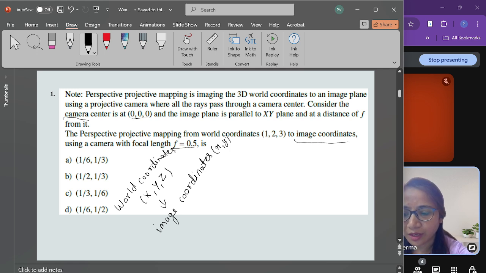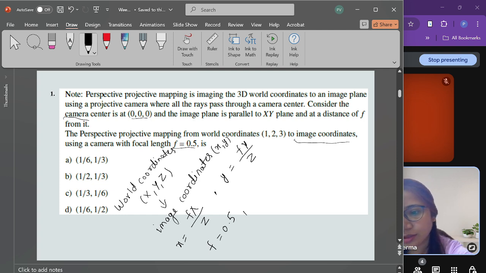The projection equation is given as small x is equal to f X divided by Z, and for small y it is f Y divided by Z, right? Here the focal length, that is the distance from the camera, f, is given as 0.5, and the world coordinates X, Y, Z are given as 1, 2, 3.